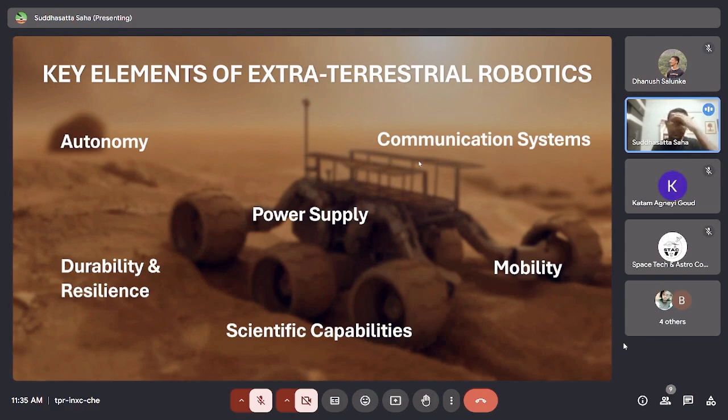supply, long lasting power supply, it is very difficult to continue these missions, because the rovers consume a lot of power. And in the sense I say that this whole affair of building a rover involves multidisciplinary research.